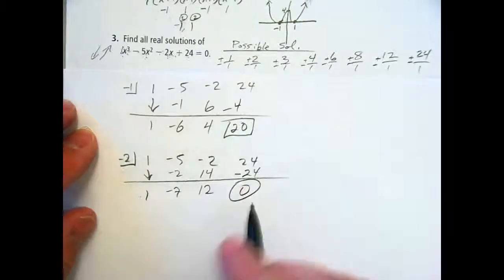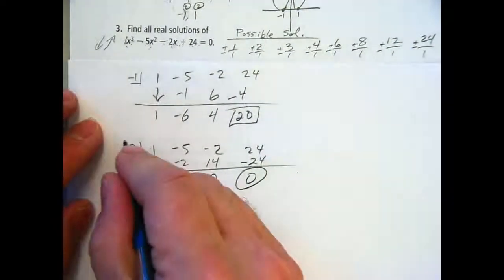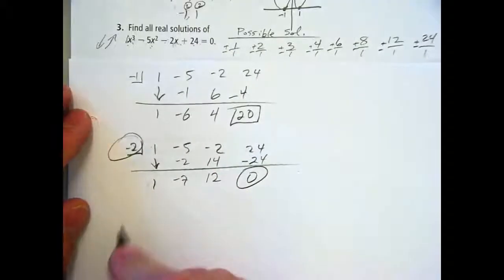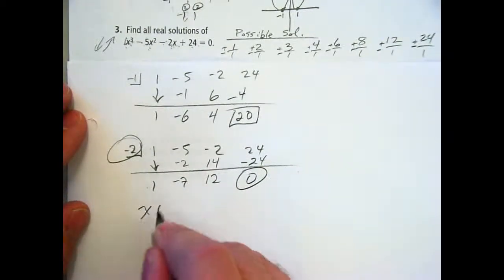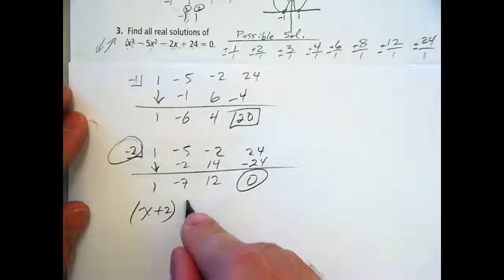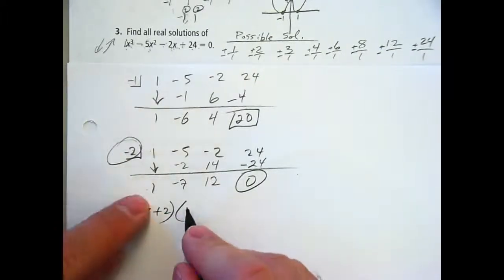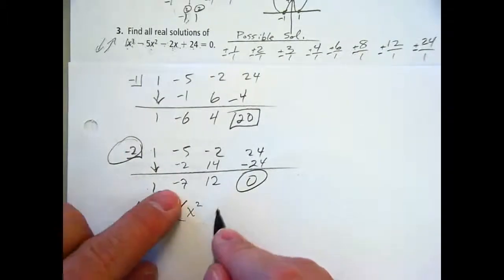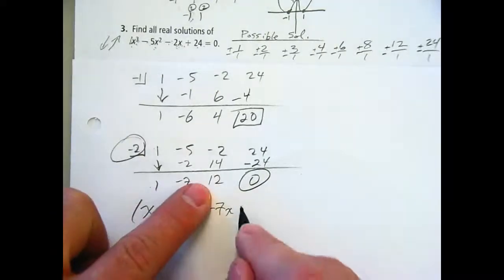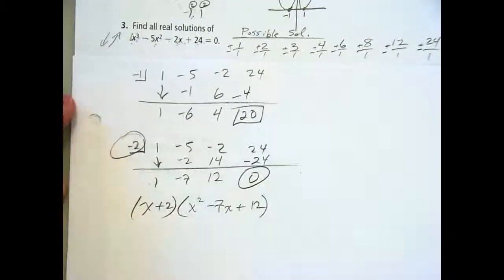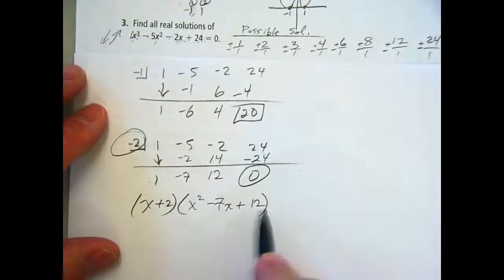Yeah, hey, we got a remainder of 0. It works. So we have, how do we write this as an expression? X plus 2. X plus 2 times 1x squared, 7x plus 12. All right? Does this factor?